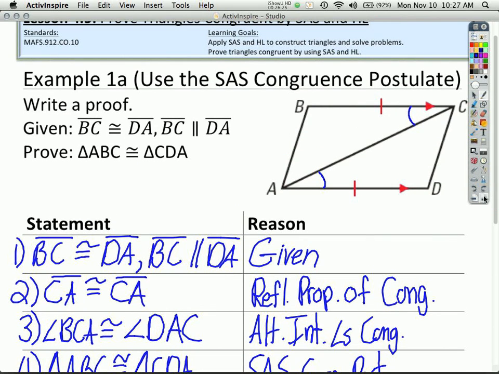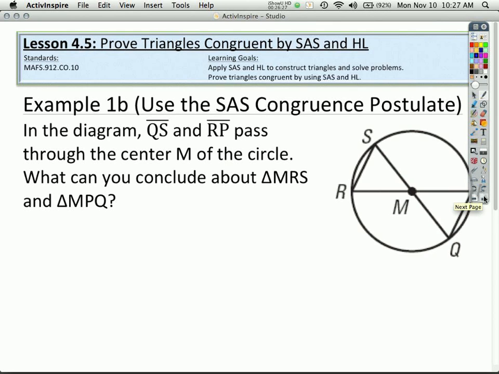Okay, so example 1b. I'm going to shift gears a little bit.